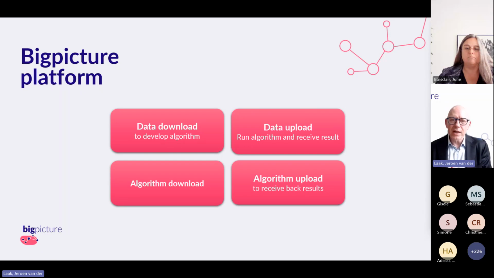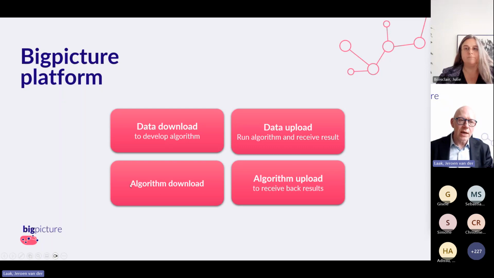If you want to validate your AI on data that you're not allowed to see, for instance, for benchmarking, for regulatory purposes, you could upload your algorithm and actually get back the results of your algorithm on a specific data set. So you will not get direct access, but you will get indirect access to that data set. Only your algorithm can see the data and process the data.